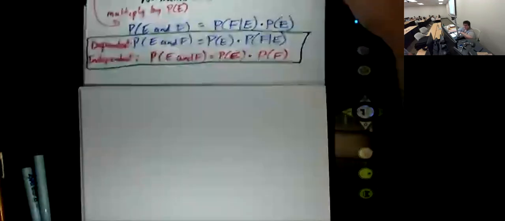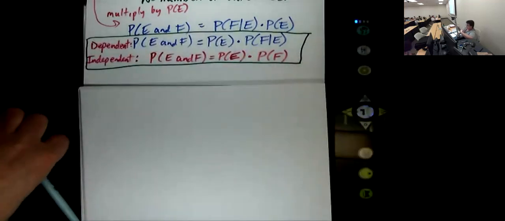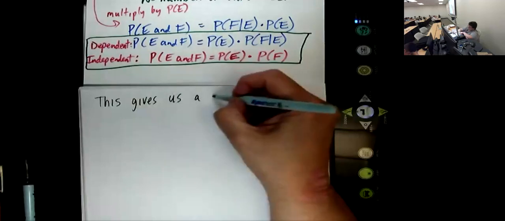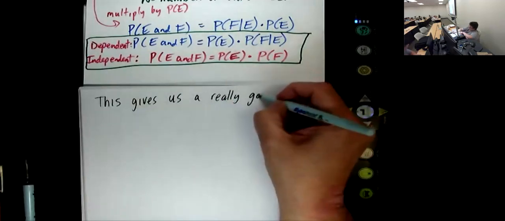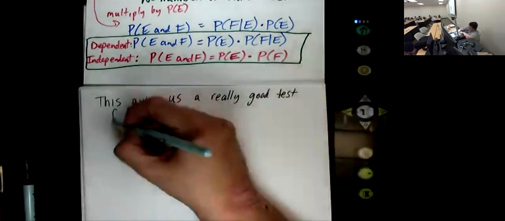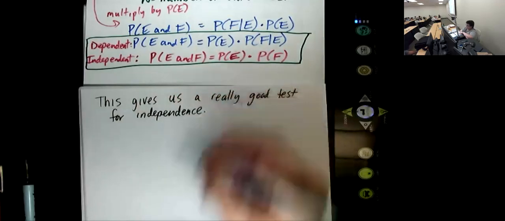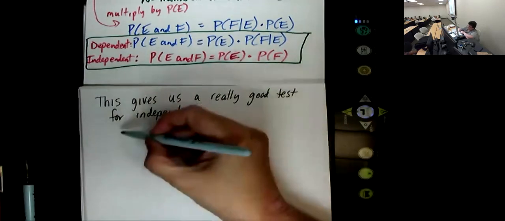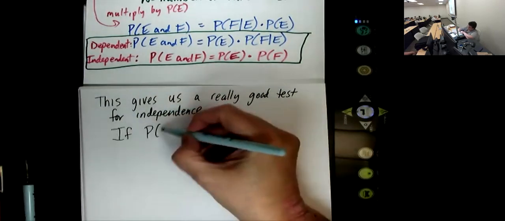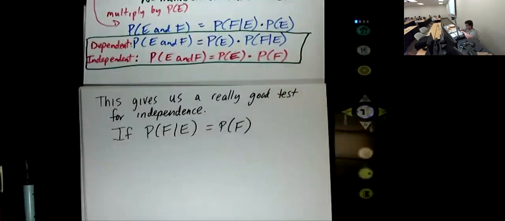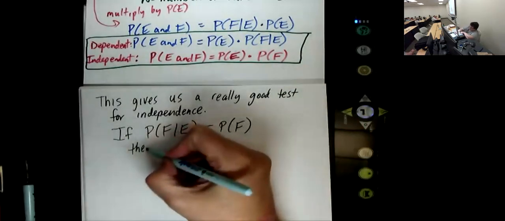In fact, this gives us a really good test for independence. If the probability of F given E equals probability of F, then E and F are independent events.